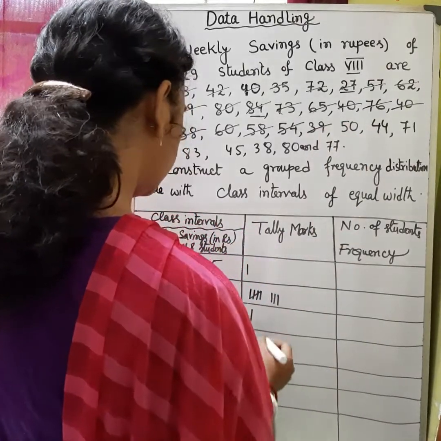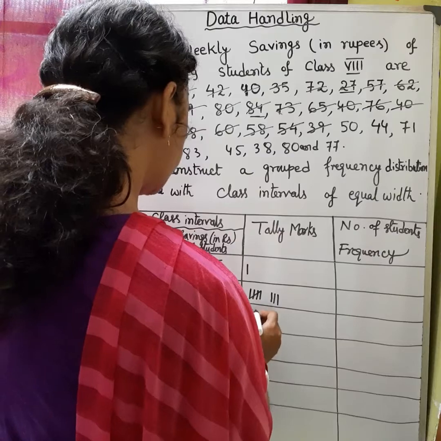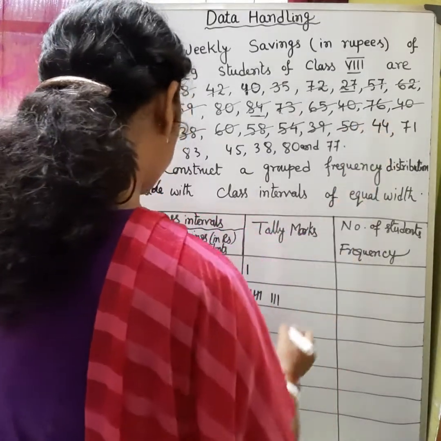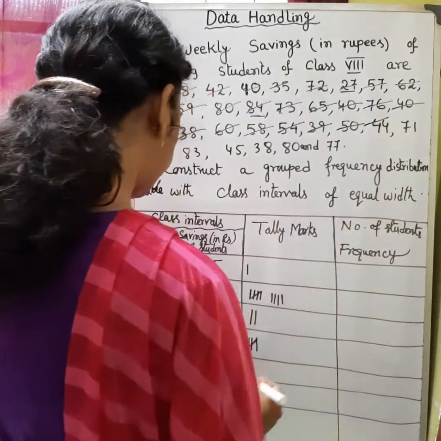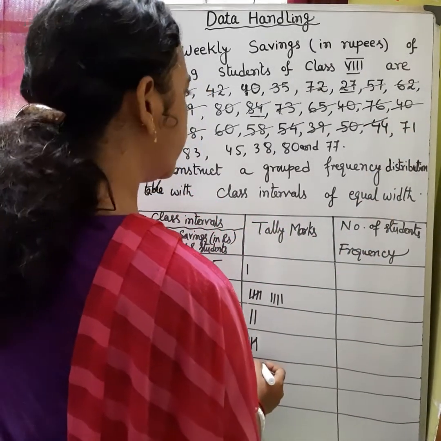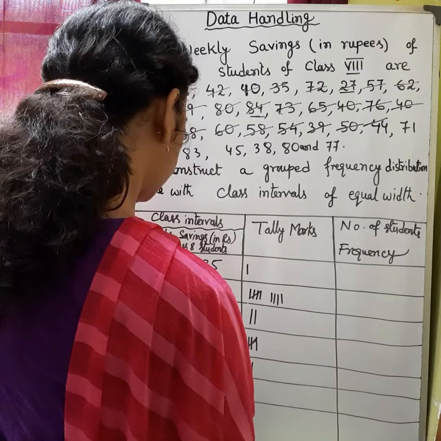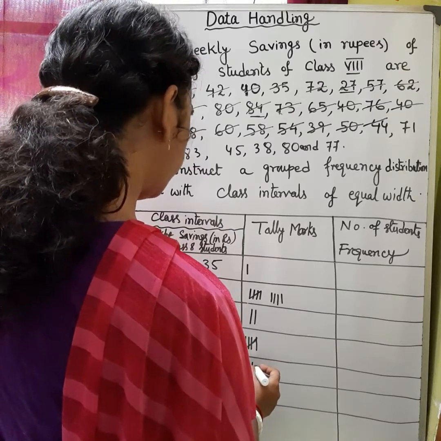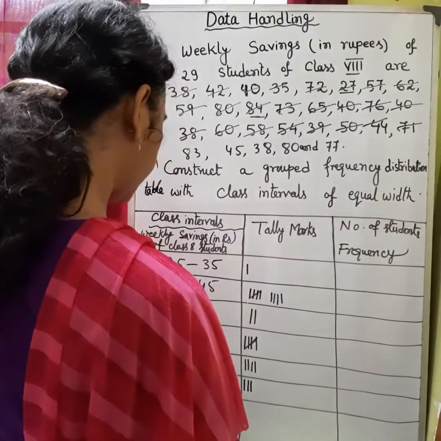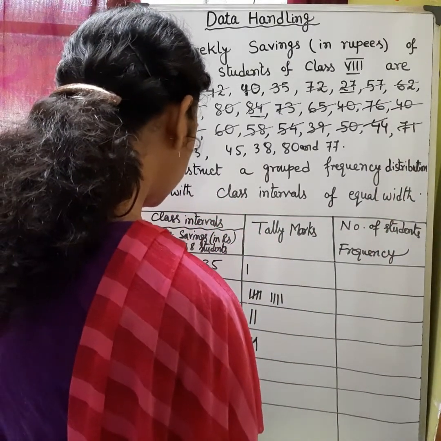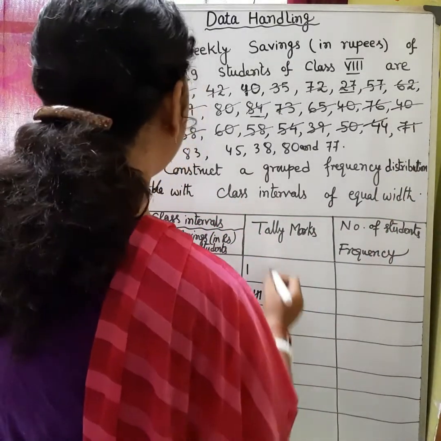Then 50, in the third row. 44, in the second row. Then 71, that will be between 65 to 75. 83 will be in the last row, that is between 75 to 85.